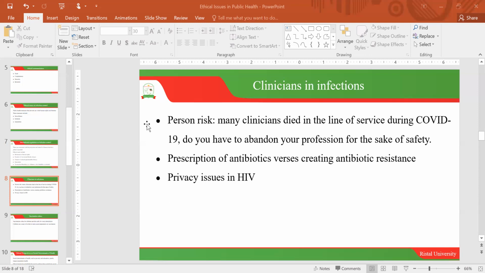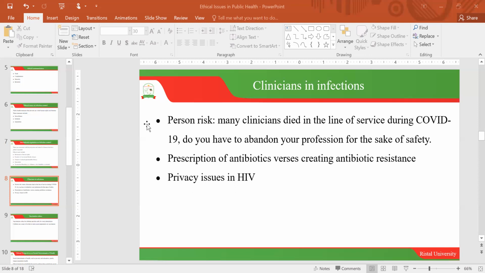Another issue is an issue of privacy in HIV. You are taking care of a patient. The patient is HIV positive, but does not want to disclose to the partner whether they are positive or not.